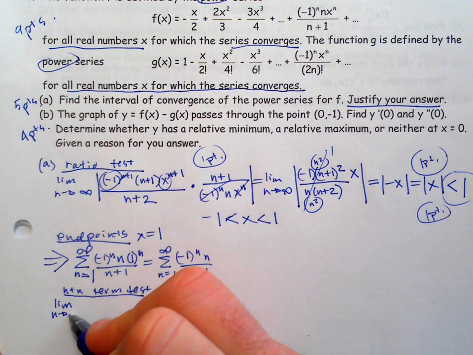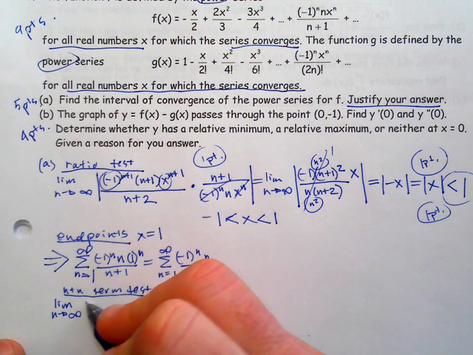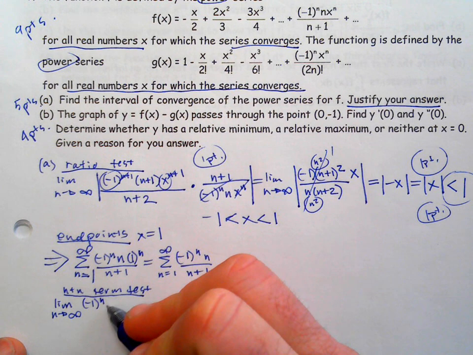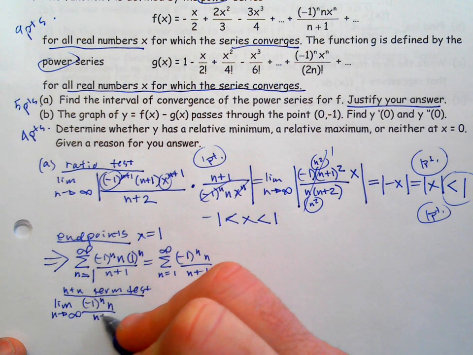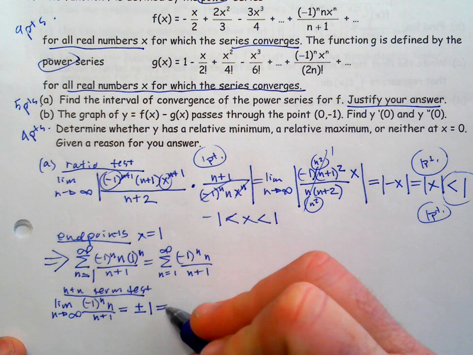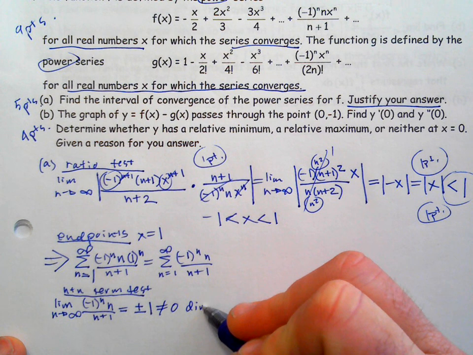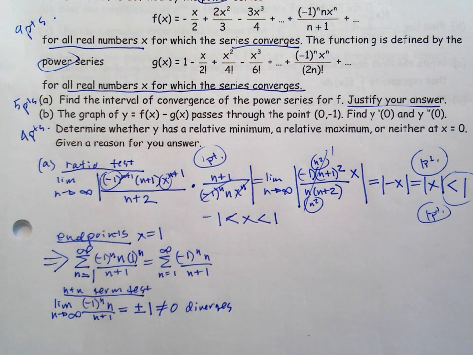Limit as n goes to infinity of the nth term, -1 to the n, n over n plus 1. And so it's going to go to positive or -1, which is not 0, which means it diverges. That's your best bet, because I don't know what else you're going to do.